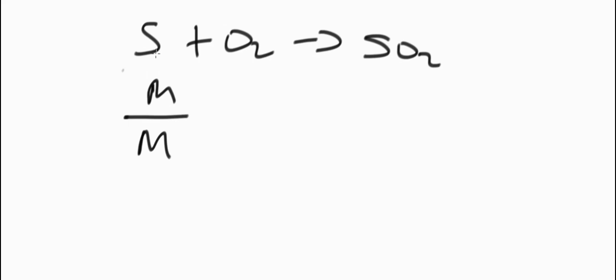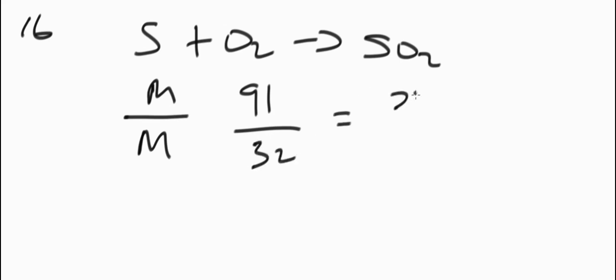So the mass of oxygen we have it to be 91 gram over the molar mass of oxygen will be, since we have the relative atomic mass of oxygen to be 16, and we have 2 atoms of oxygen here, 16 times 2, that's 32, equals, now the mass of sulfur oxide, we are looking for it.